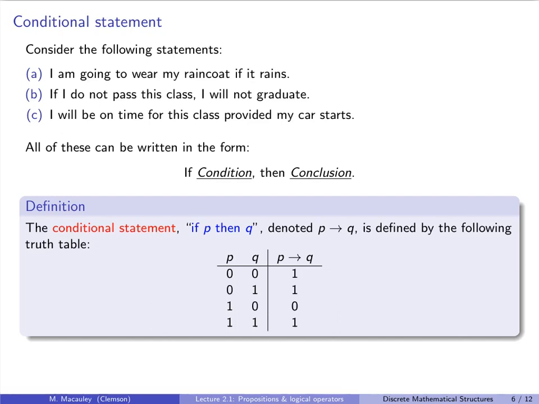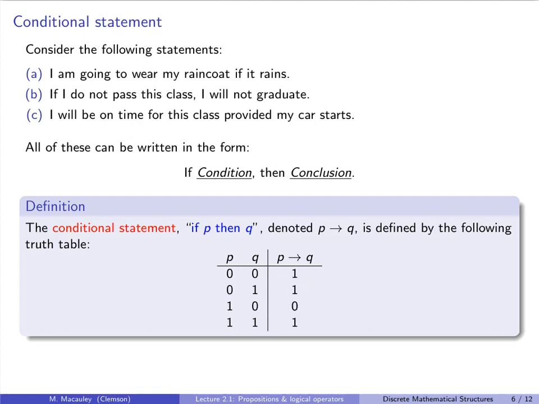So here, if P is false and Q is false, then P indeed implies Q, or P implies Q is true. If P is false and Q is true, then P also implies Q, which is perhaps surprising, because why should a false statement imply a true statement or a false statement?